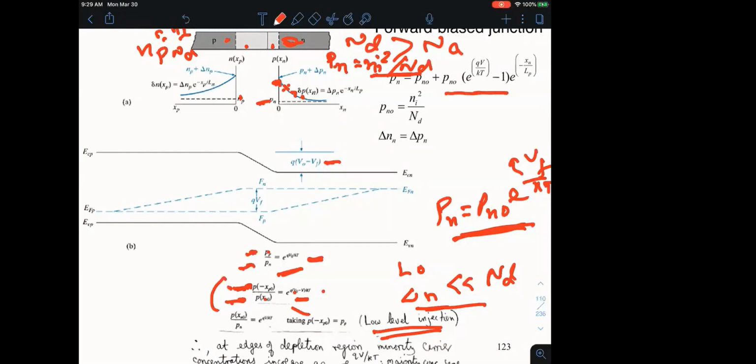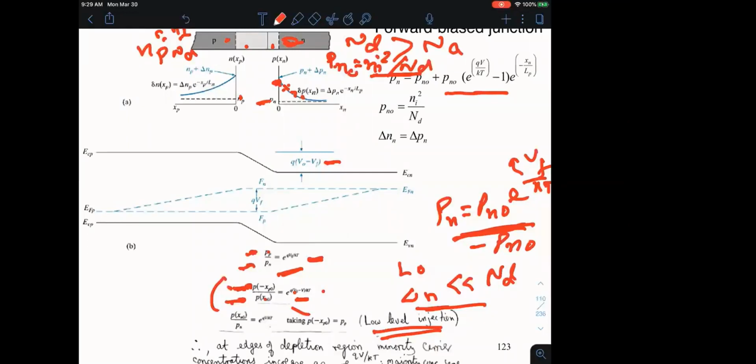That's the first term over here. What I really want, however, is not the actual minority carrier concentration, but the excess minority carrier concentration. And all that I need to do is, from this, subtract the starting value of Pn naught, which is given by Ni squared over Nd. So that should have been written as Pn naught.